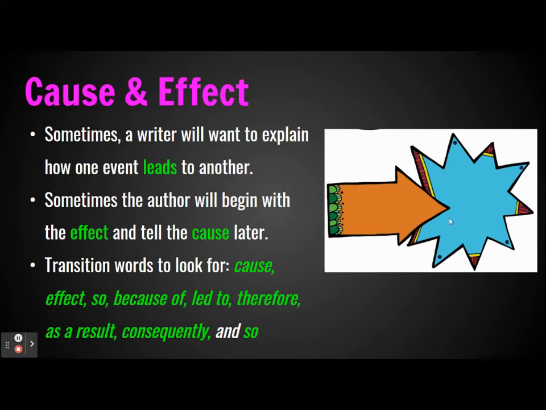So if you would draw a big fat arrow and then draw what it looks like it's creating, like an effect, with this starburst, kind of a little tiny explosion, if you want to think about it that way. This would be the cause, the arrow, and the effect would be our little starburst here. Again, you don't have to add all this detail. Just the shapes is fine. Pause the video, give yourself a chance to make sure you've got all the information for cause and effect, and then we'll move on to the next text structure.